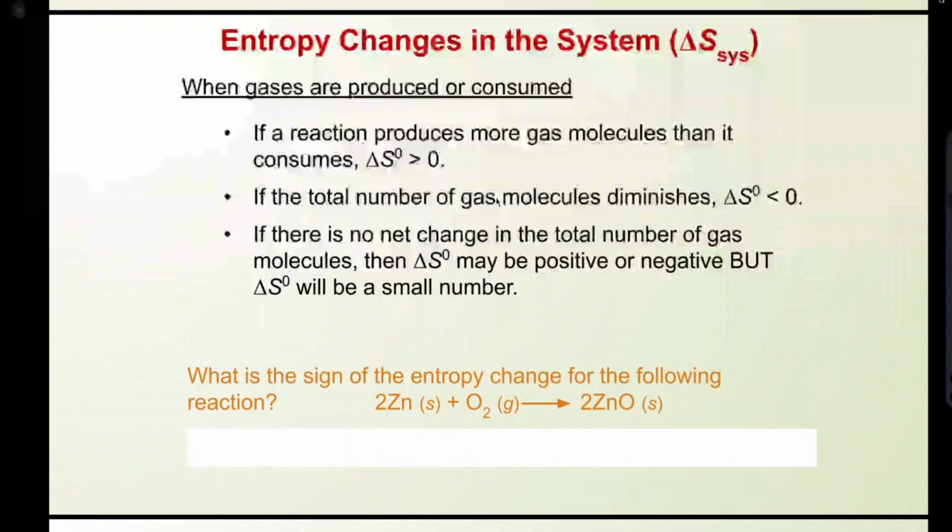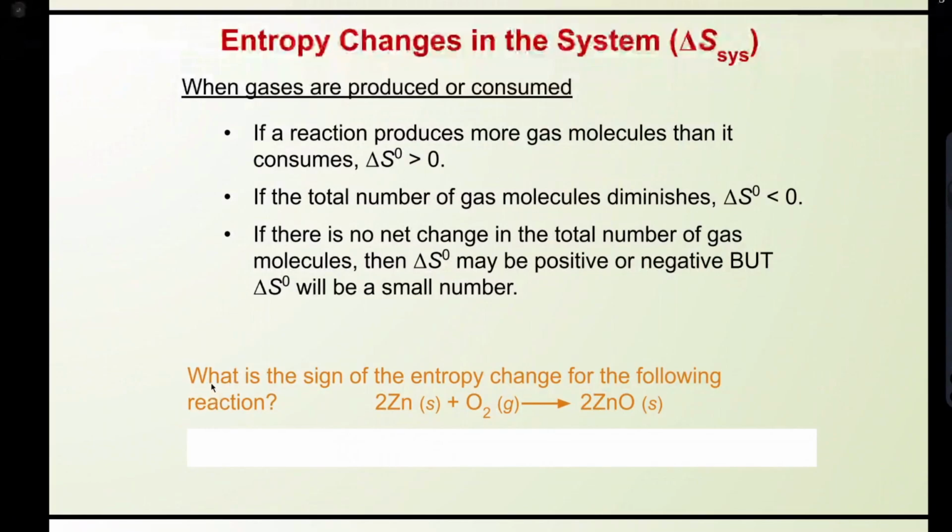If the total number of gas molecules diminishes, or reactants have more molecules of gas than the products, then the change in entropy will be negative. If there is no net change in the number of gas molecules, then delta S may be positive or negative depending on the S values of each component, but the change will be extremely small.